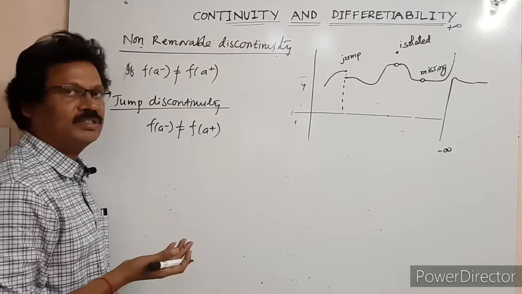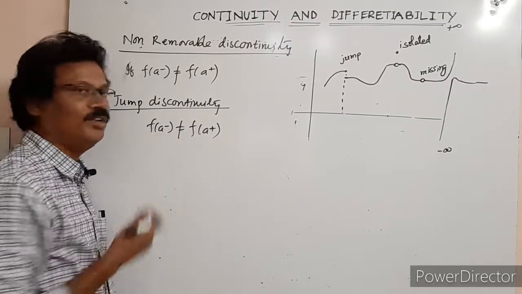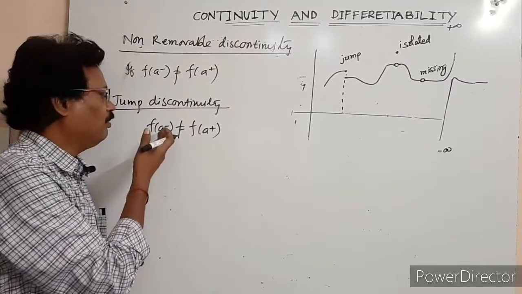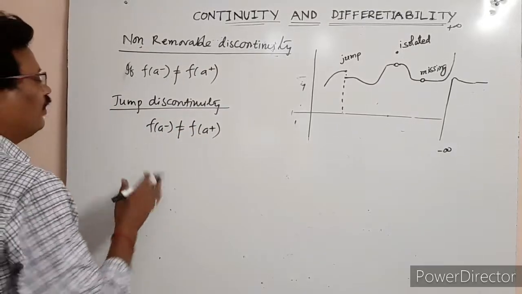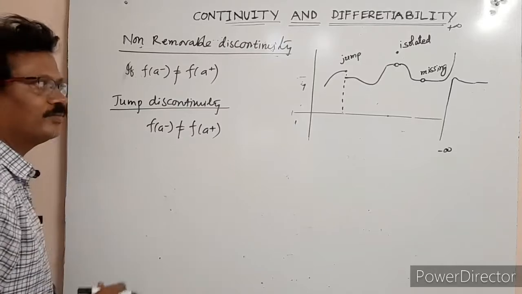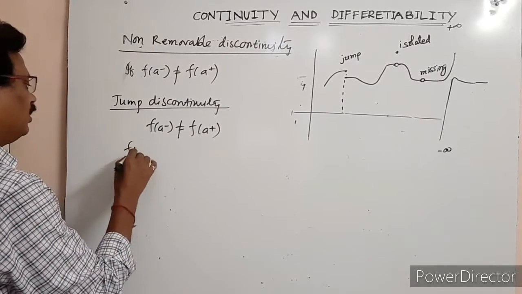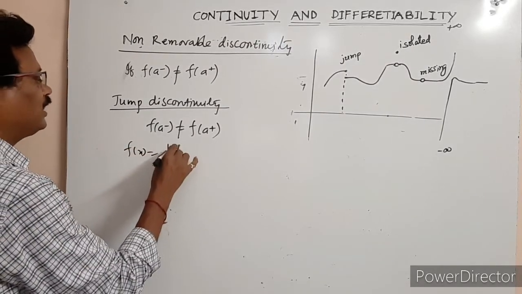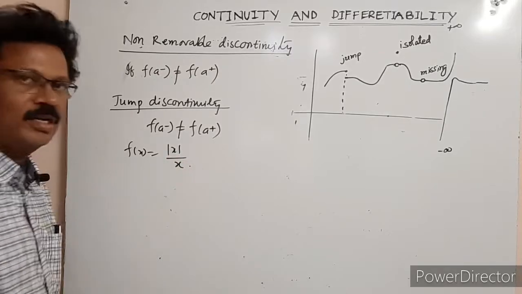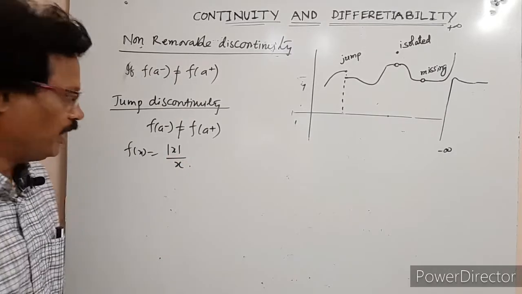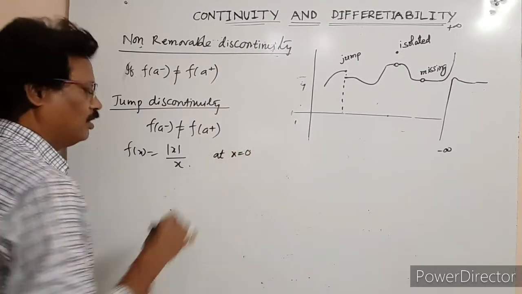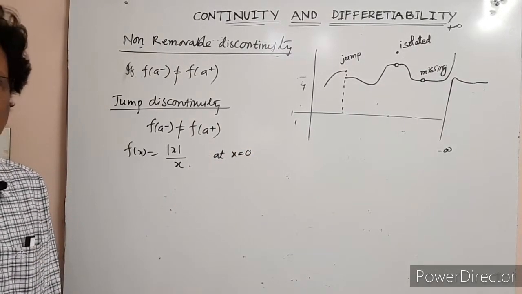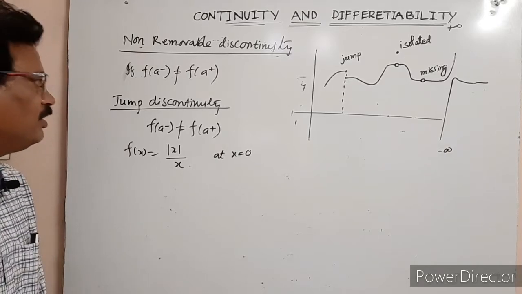We can't remove this one, because we can't make it continuous, and that is because the left limit is not equal to the right limit. Therefore, we can't remove the discontinuity. Now, for example, f(x) is given as mod x by x at x is equal to 0. What about the left limit and right limit?